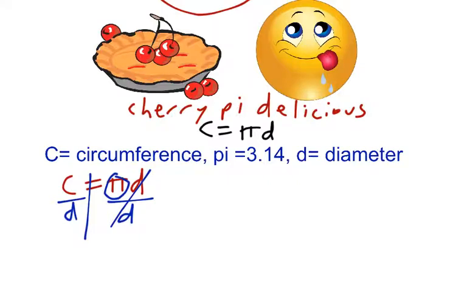In other words, the distance around the circle divided by the distance through the center of the circle. So that distance in red is about 3.14 times bigger than the distance in blue here.